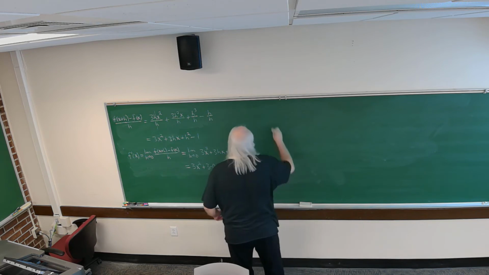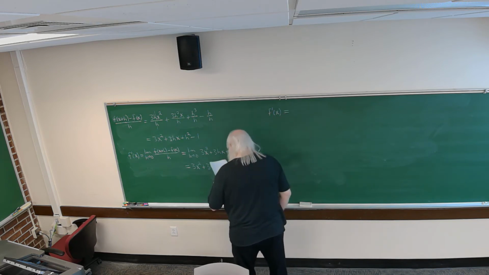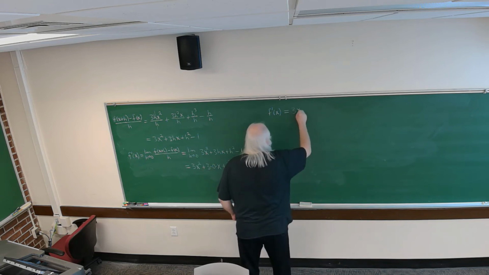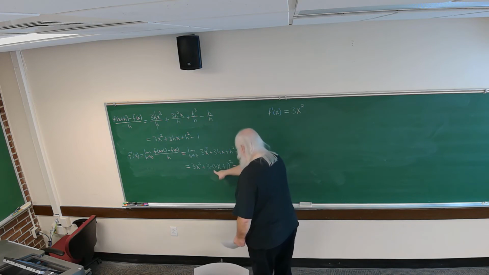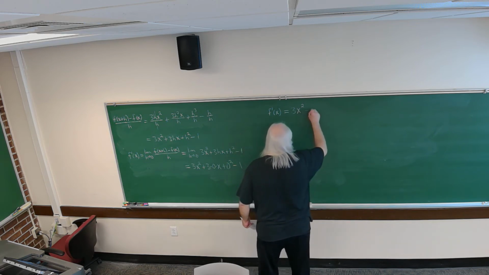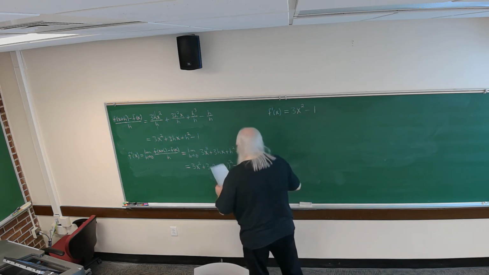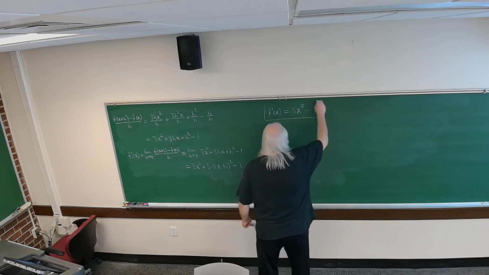And so we end up with f prime of x is equal to 3x squared, 3 times 0, 0, 0 times x is 0, 0 squared is 0. And so you just end up with 3x squared minus 1 for the derivative.